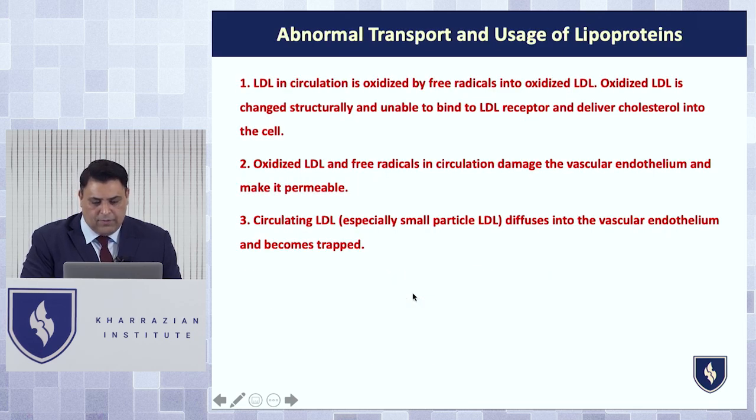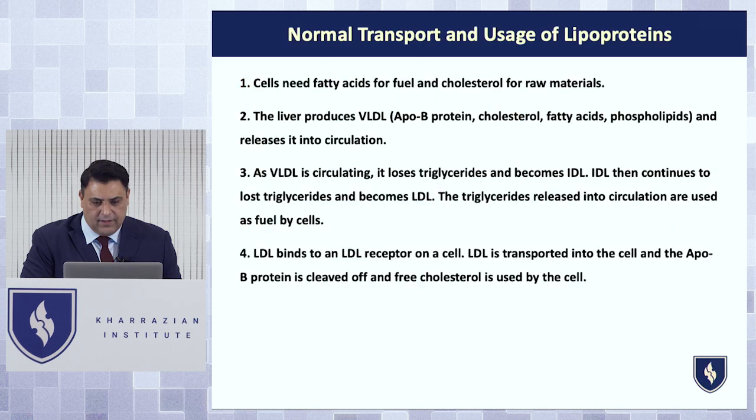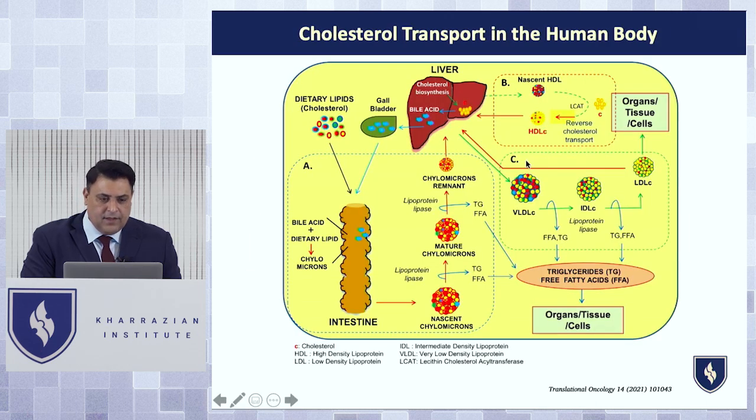Now, if we go back to normal function, let me illustrate that for you in a diagram. When we look at how cholesterol transport normally works, we eat foods with dietary lipids, and the gallbladder releases bile.